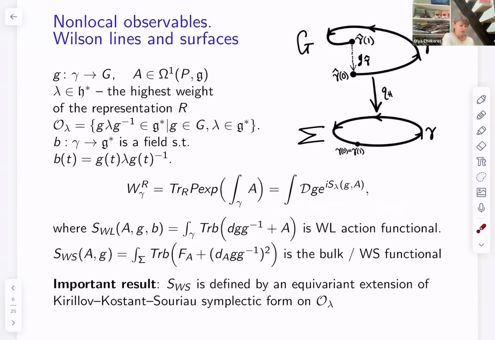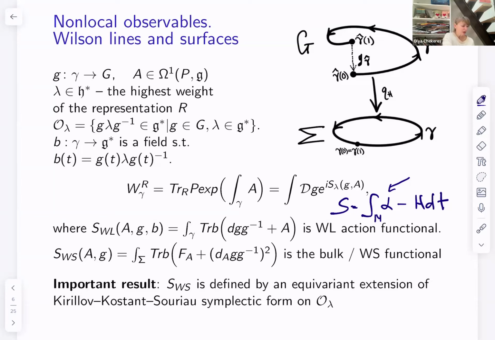So this is an integral over the loop. And here we have the trace of the field B, and here we have this expression, which in general corresponds to the path integral quantization of symplectic phase space, with the action something like the integral of alpha minus the Hamiltonian, where alpha is the symplectic potential, such that taking the differential of it, at least locally, we get the symplectic form.